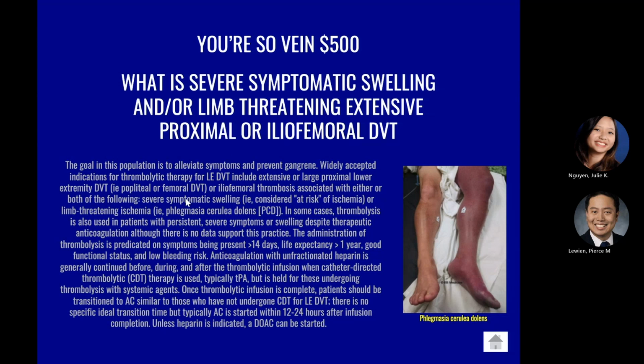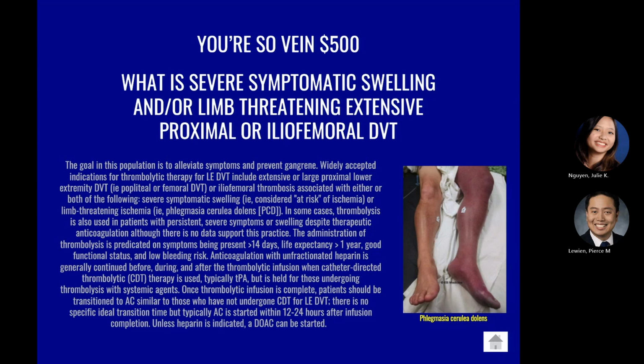Usually for these patients with severe symptomatic swelling or there's this condition with limb-threatening ischemia associated with DVT, the phlegmasia cerulea dolens. I think this is when you consult IR, and they would prefer to do catheter-directed thrombolytic therapy, which is basically the TPA that they use.